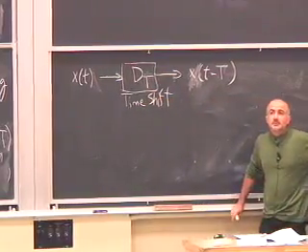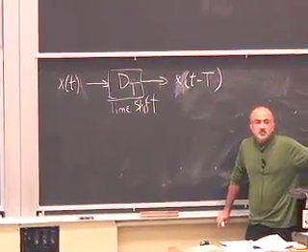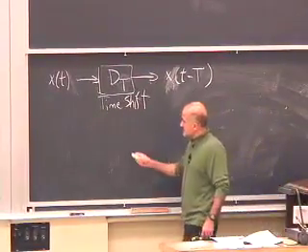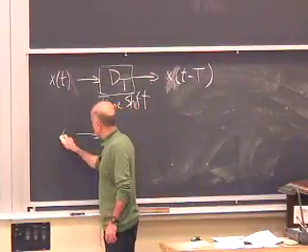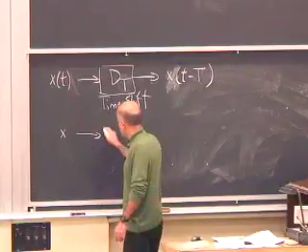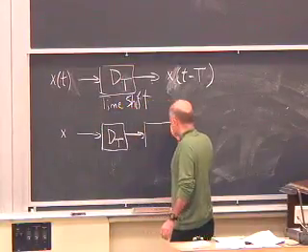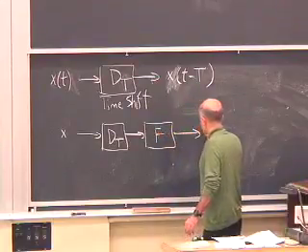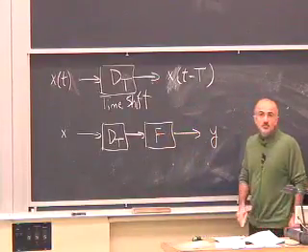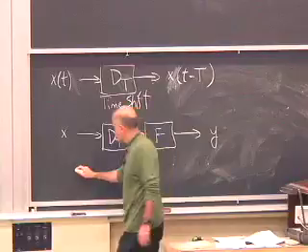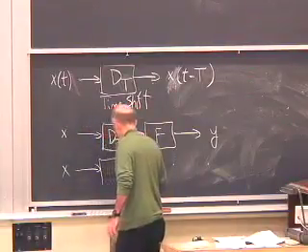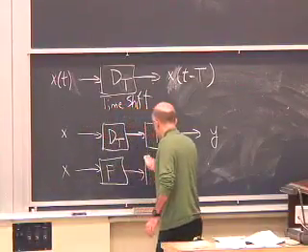A time invariant system is a system which doesn't care, when you send in the signal x, whether you first shift the signal and send it through f, or send it through f and then shift.